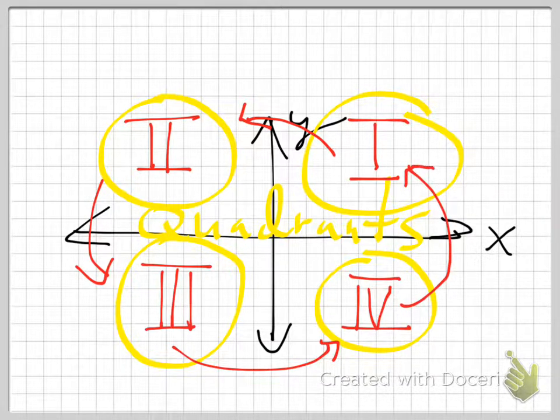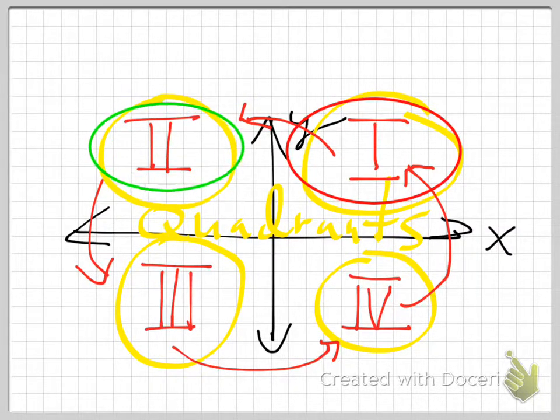Quadrant 1, think about what's going to happen up here in quadrant 1. In quadrant 1, all of the points, the x's and the y's, all the coordinates are going to be positive. In quadrant 2, which is right here, think about where we've gone now. We've gone to the left of the y-axis, so the x's are negative. We do that first. That's the first number. And the y is positive.